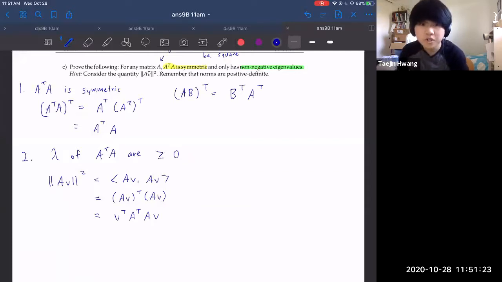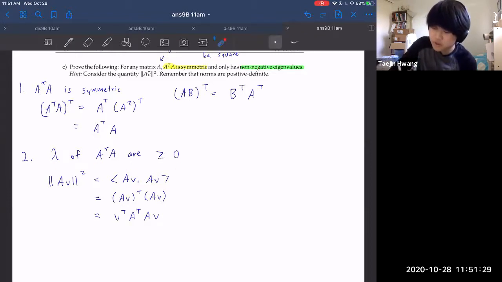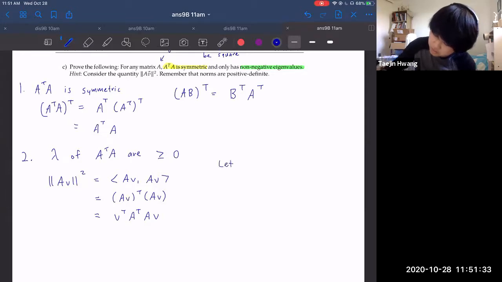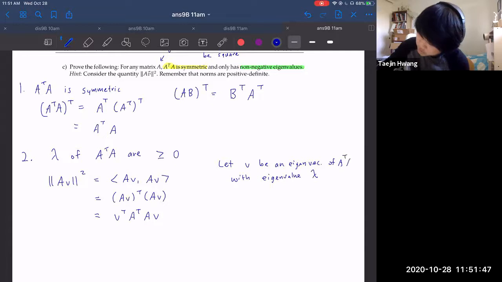And from here, you need to think about what to do. We want to show the eigenvalues of A transpose A are always greater than or equal to 0. So let's let V be an eigenvector of A, or sorry, not A, of A transpose A with eigenvalue lambda.